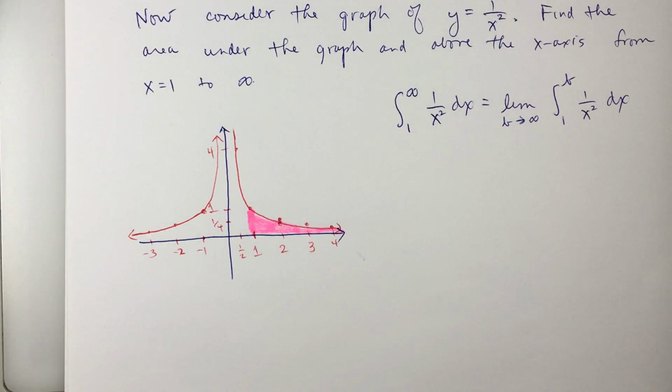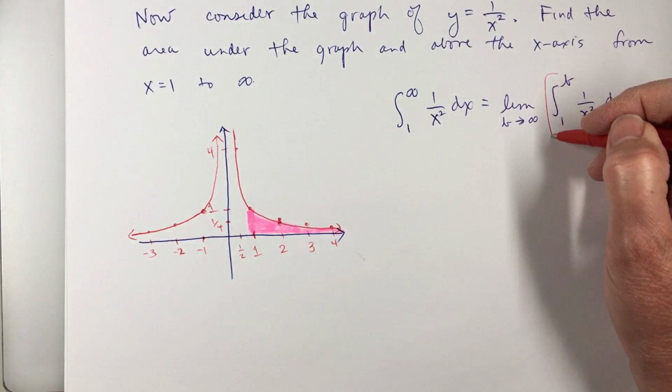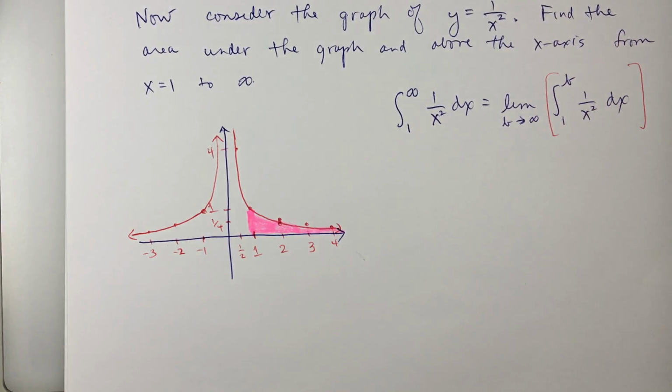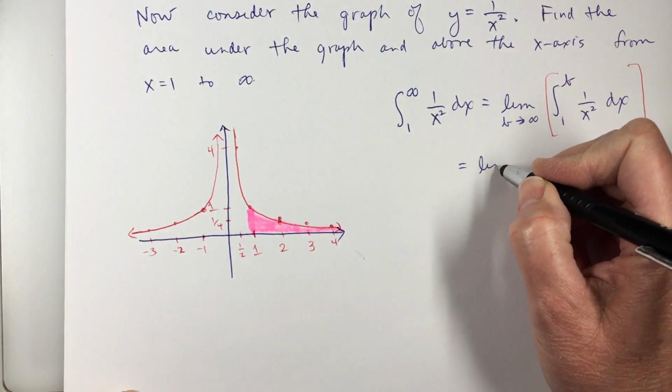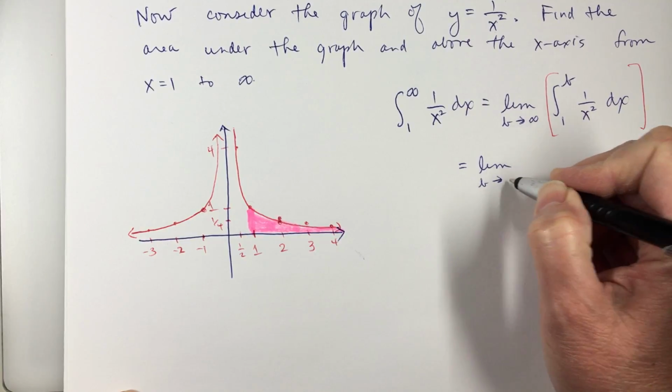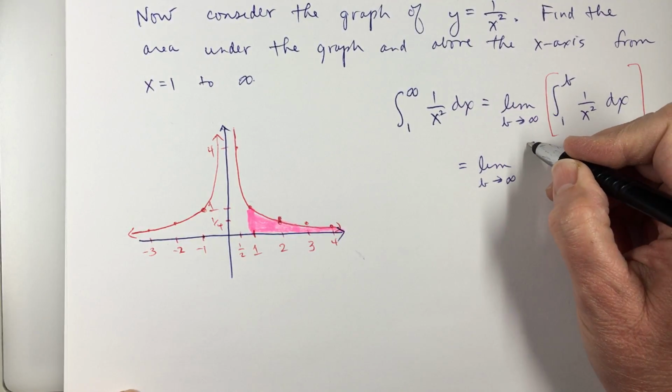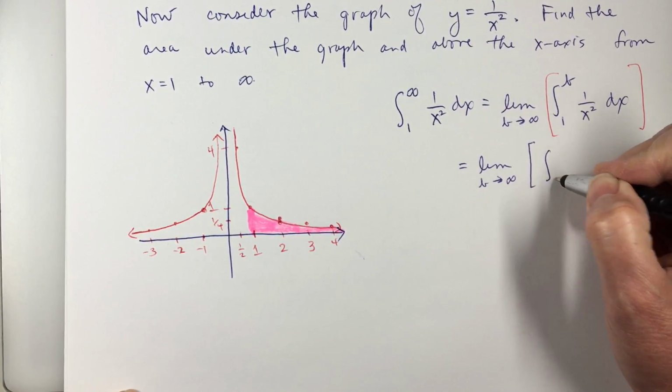So your job is to do this integral, plug in the b, plug in the 1, and then we'll take the limit as b approaches infinity. And I prefer to see this step. This is just me. Some of you don't necessarily need to see this step.